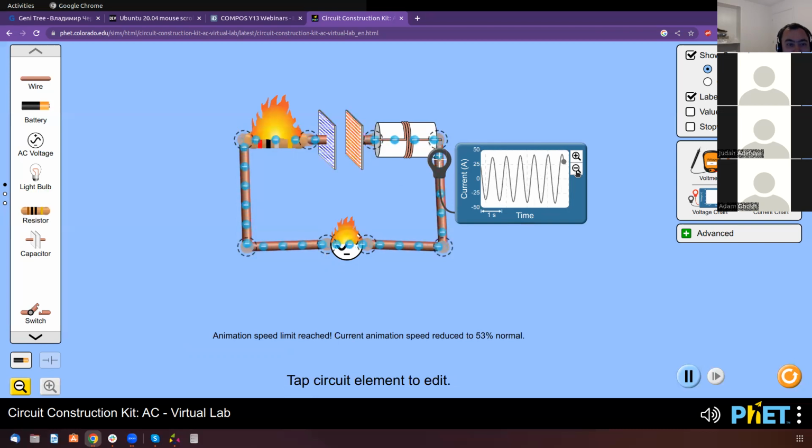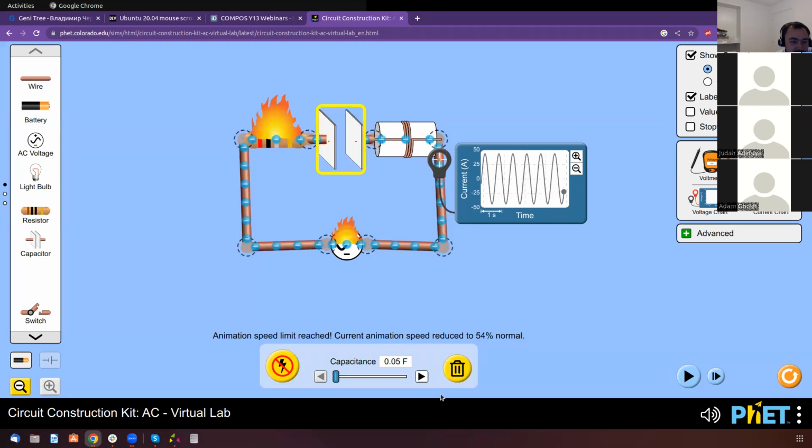The amplitude is increasing, not as dramatic as we want, but it does take some time. You can see fire coming out of the resistor and the power supply because they're not coping. The maximum current has increased quite dramatically. So let's pause it.